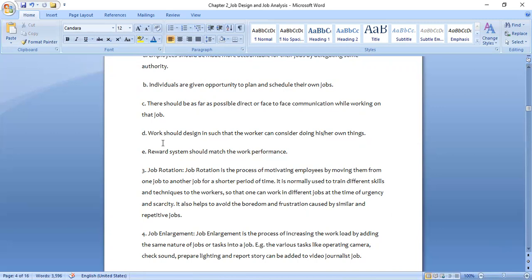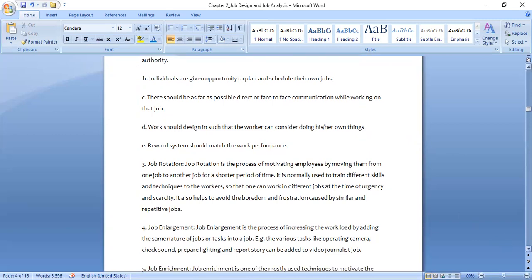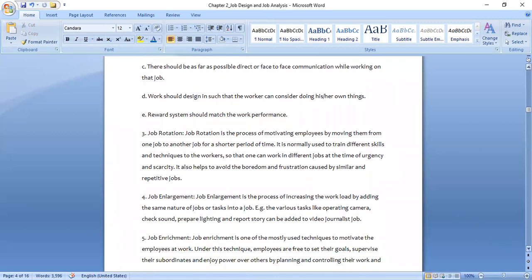And then also as a motivator, the job design should be able to give these workers freedom to do their work without being put on pressure. And then also in order to have this job design meet the motivator factor, the reward has to match with the work performance.